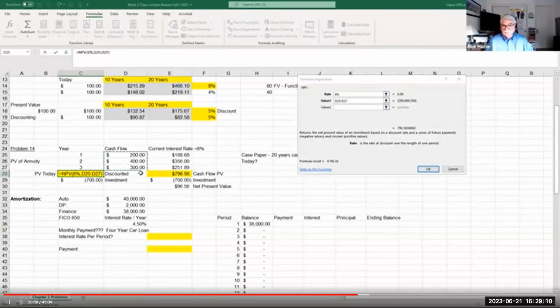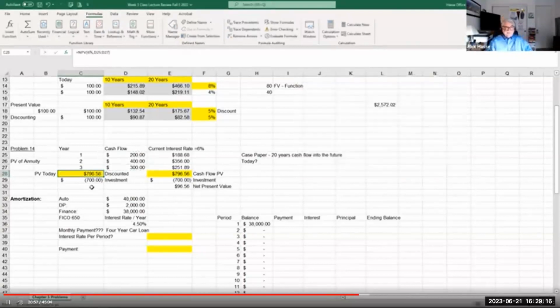That's taking in those 3 years. All I have to do now is hit OK, and golly Gomer, I still get 796.56, just like I did here, but in one formula, I did all that work. This is going to be very helpful when we look at capital budget analysis in our case paper, looking at 20 years of cash flow and discounting them back into the present value, just like we're doing here. But here we're only using 3 years.